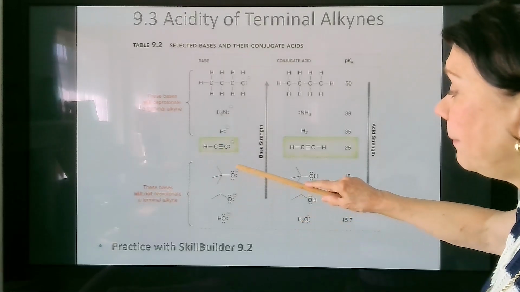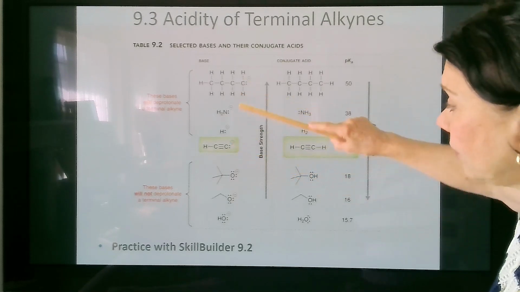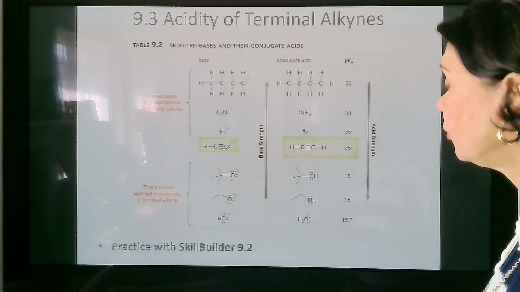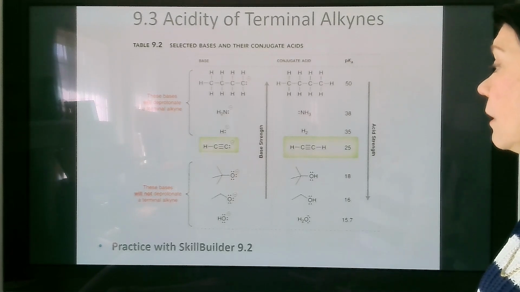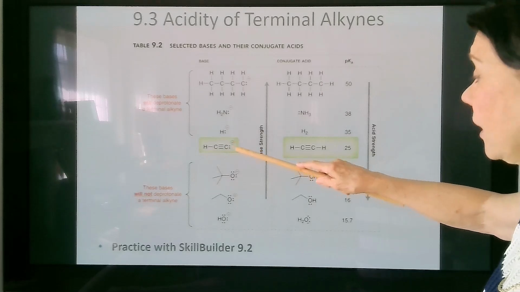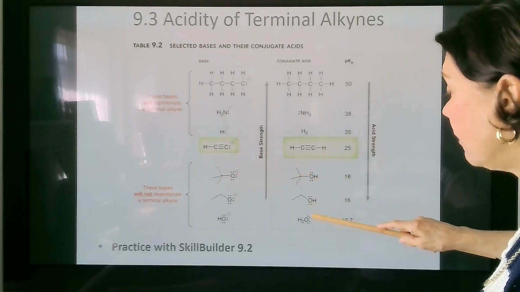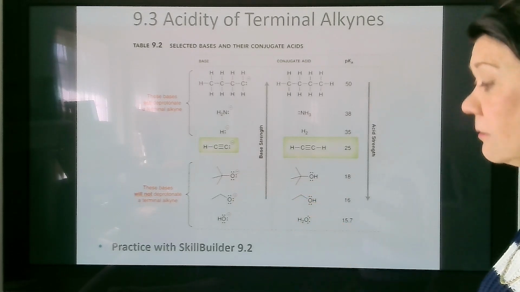These bases will not deprotonate the terminal alkyne. These are listed in order of base strength. And so you would be going energetically downhill to have acetylide deprotonate these alcohols or water and give you these oxygen anions.